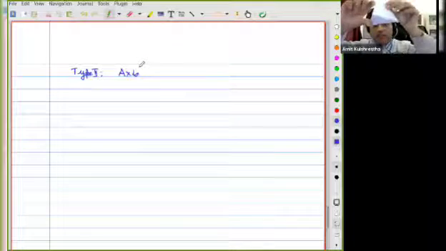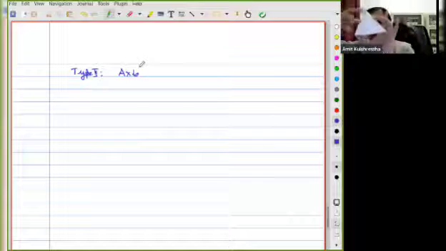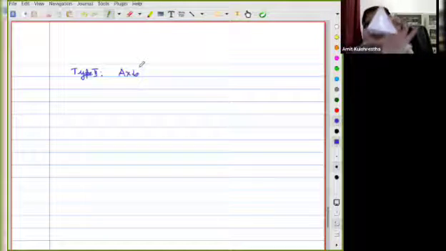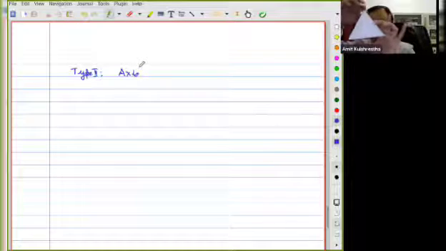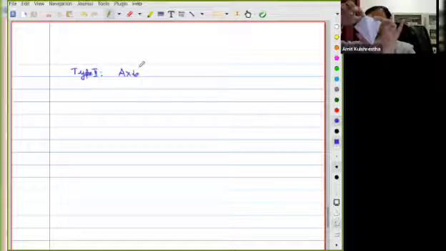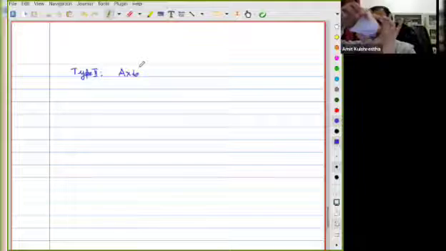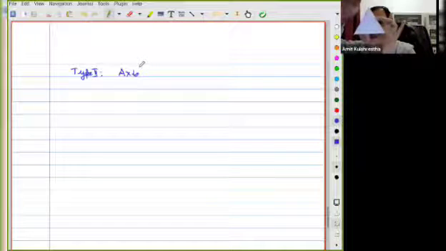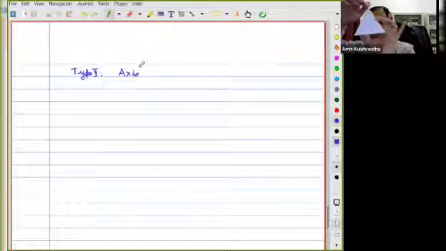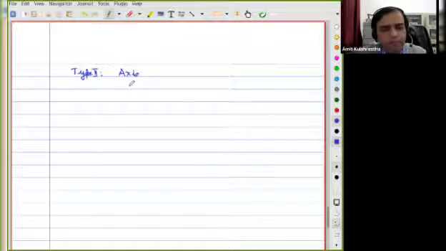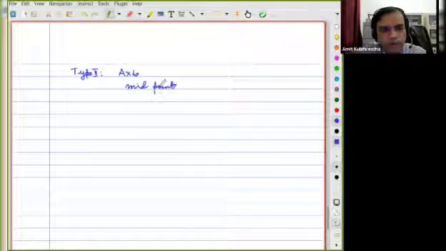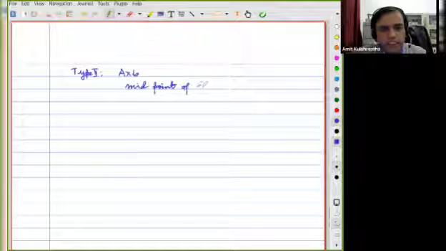So I hold it in this fashion. These are midpoints of edges, and then I rotate, and I get a similar looking thing. So the axes are midpoints of opposite edges.